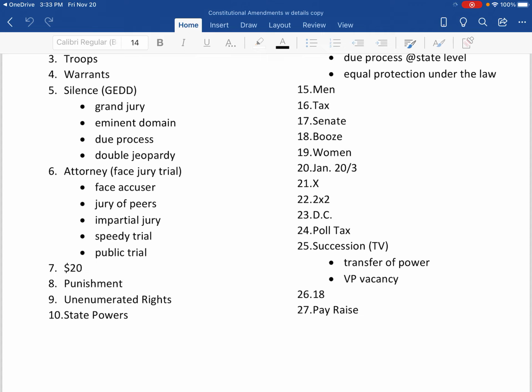So there was a presidential succession, which in this order would be the president, the vice president, then the Speaker of the House, then the President pro tempore of the Senate, then cabinet positions in the order they were created.